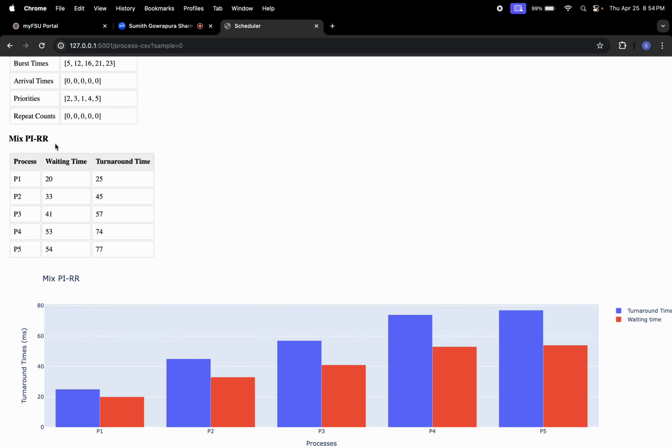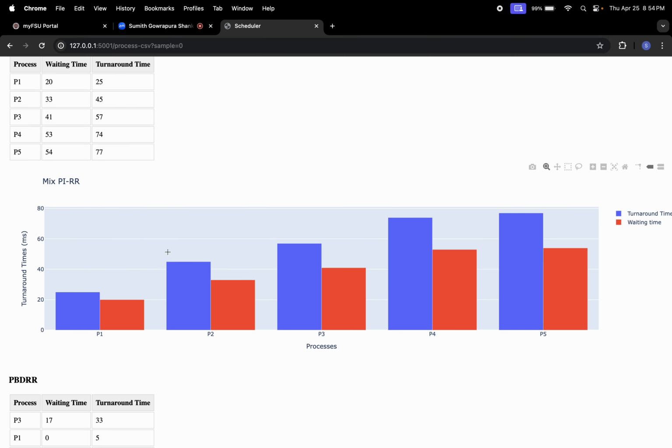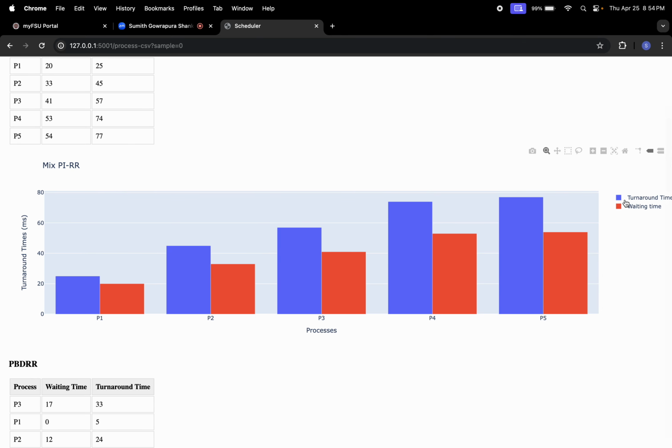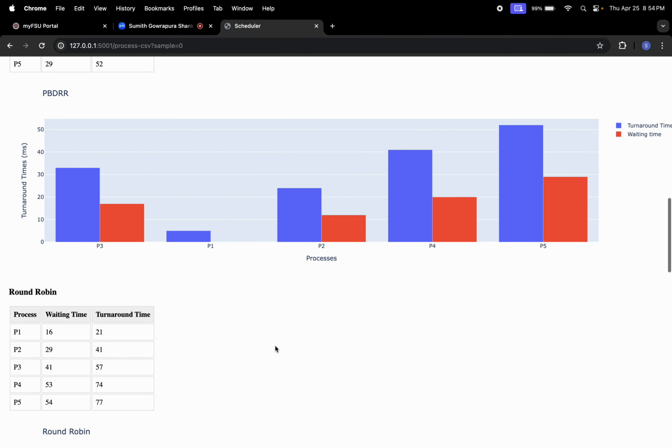We can see for each process what the waiting time and the turnaround time are, and for each algorithm we have a bar chart where we can see the comparison between the turnaround time and the waiting time at the process level. It is the same for all the other algorithms.